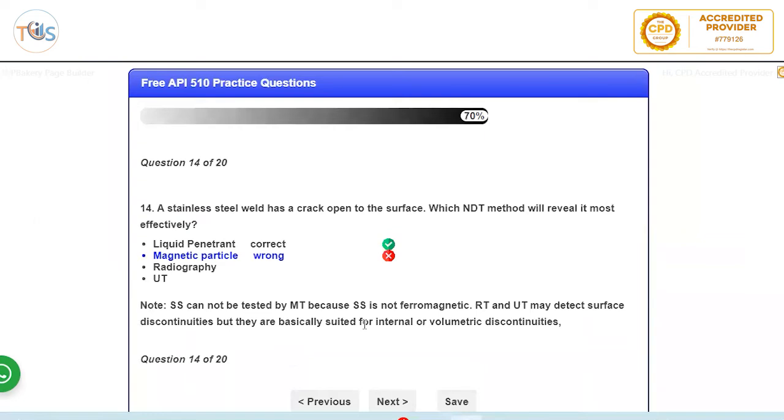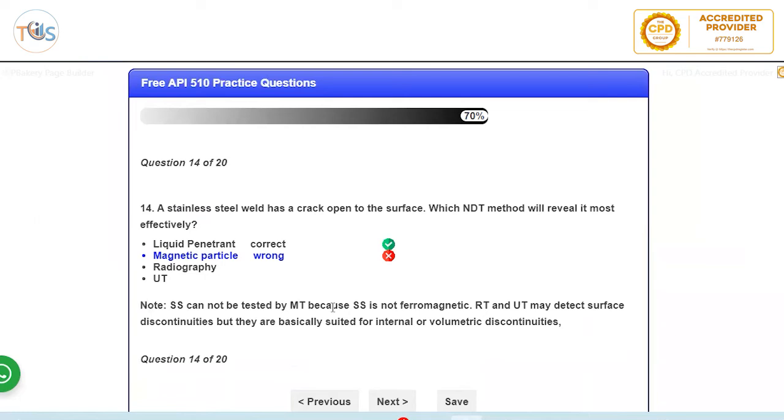Stainless steel weld has a crack on this, open to the surface. If it's open to the surface, the most sensitive one is actually liquid penetrant. UT, probably you might not get it, because UT is not very good at detecting defects close to the surface or on the surface, open to the surface.